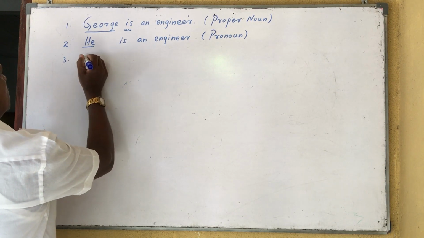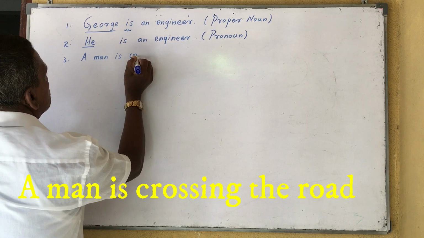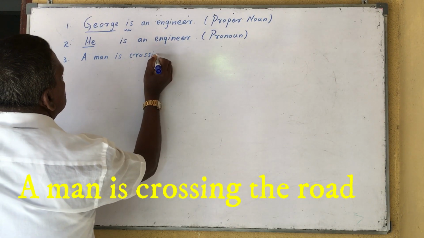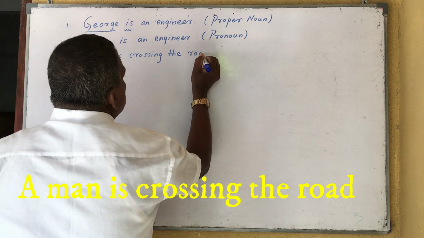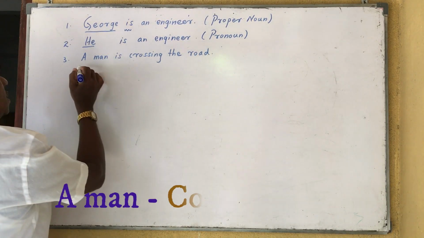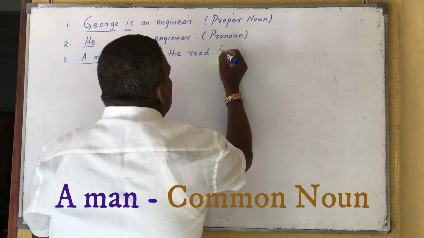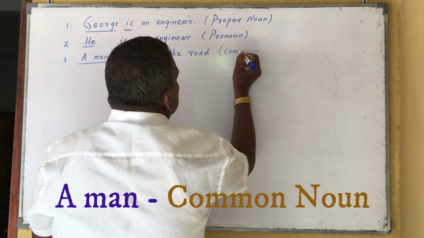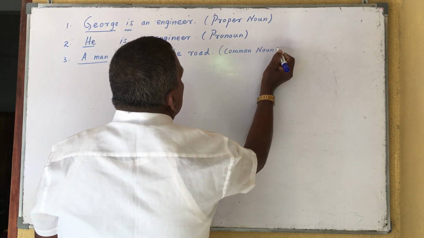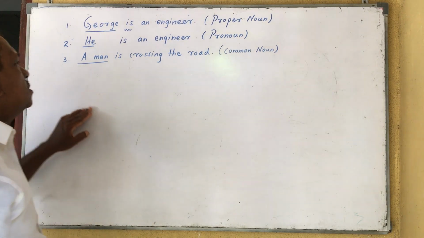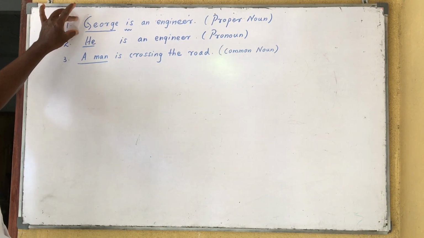Now you see a man is crossing the road. Here, the subject is a man. It is a common noun. Common noun means a name given in common. For example, George, Martin, Michael.